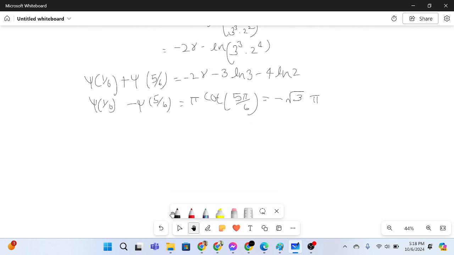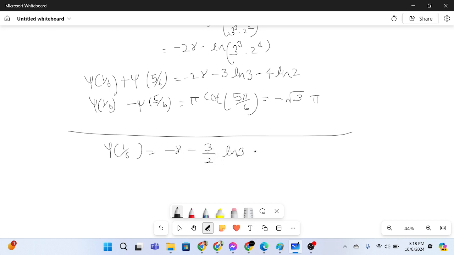If we add these two equations and divide by 2, we get digamma 1 by 6 as negative Euler-Mascheroni constant, negative 3 by 2 ln 3, negative 2 ln 2, minus root 3 by 2 pi. We get this, right?